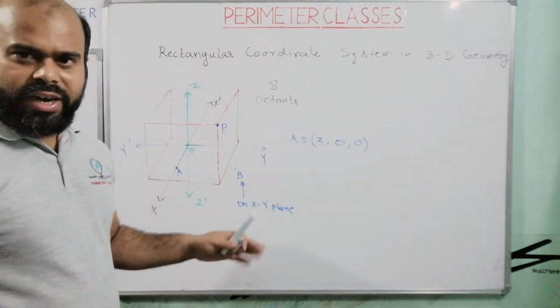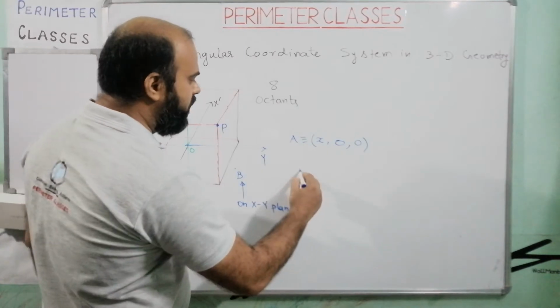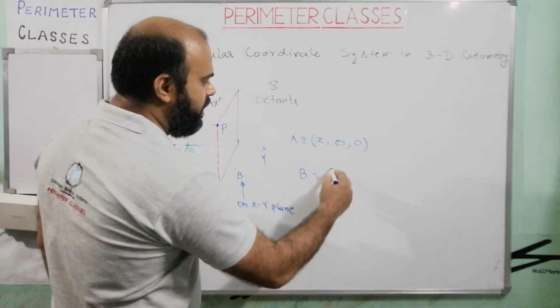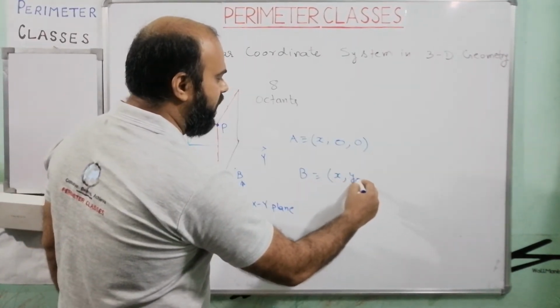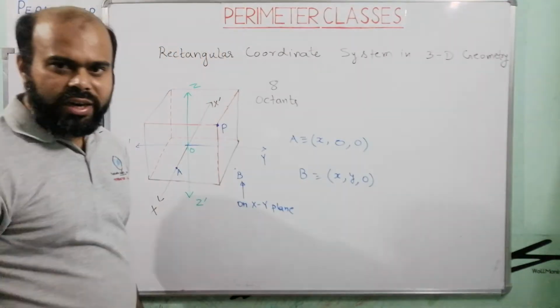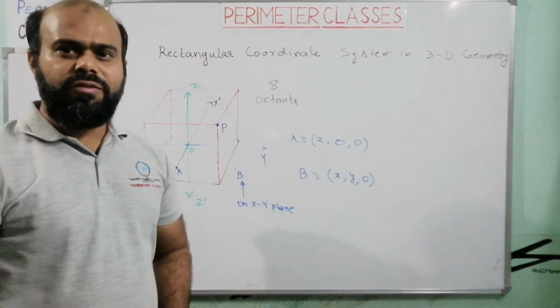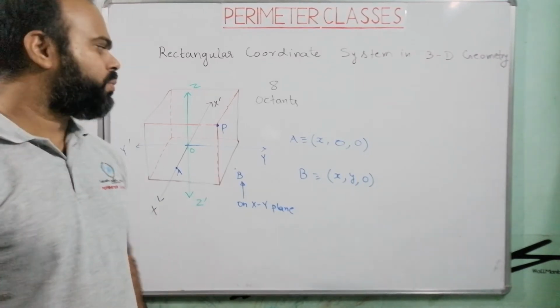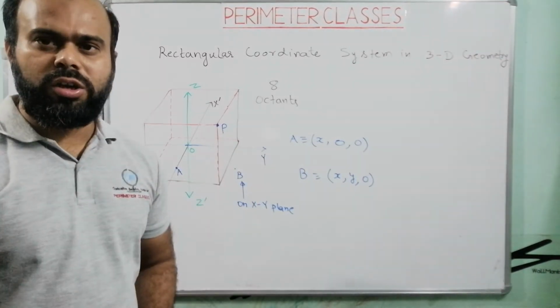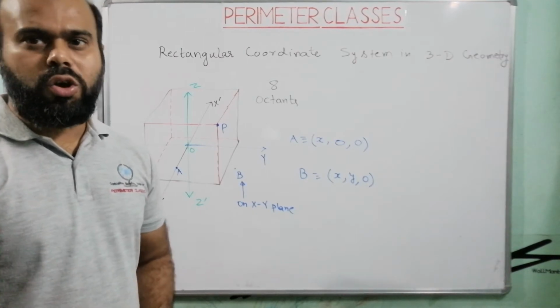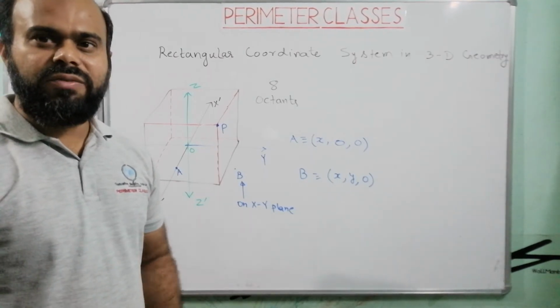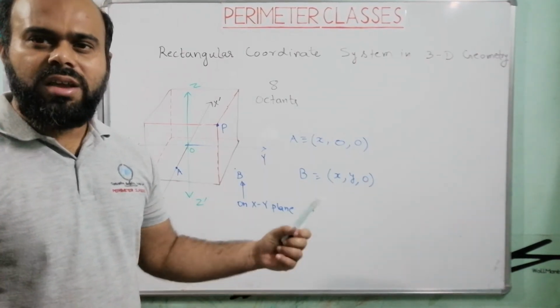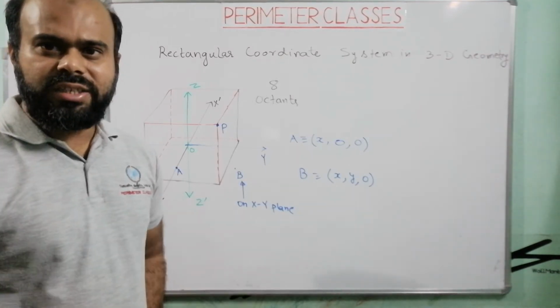So its z coordinate is 0. So for B, which is on the xy plane, we have the x coordinate, the y coordinate, but the z coordinate as 0. Similarly, if you take the zx plane, then the y coordinate will be 0. So in this manner, we can plot points on an axis or a plane. Otherwise, if it is in an octant, we will have all 3 coordinates non-zero.